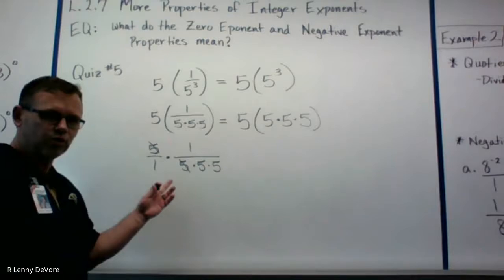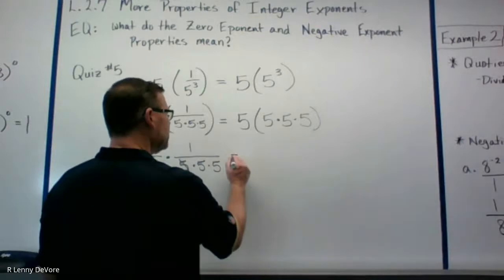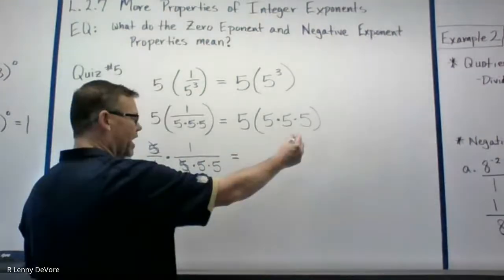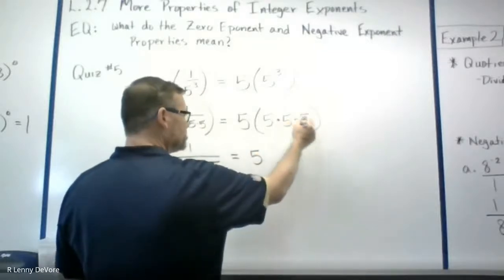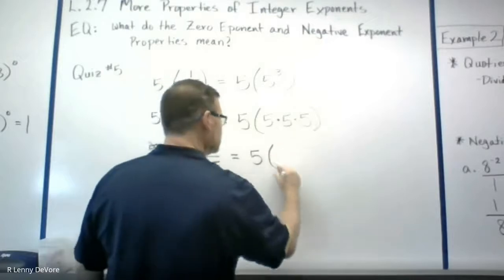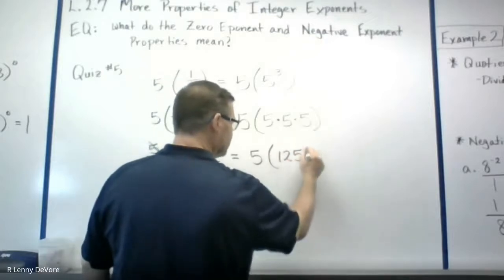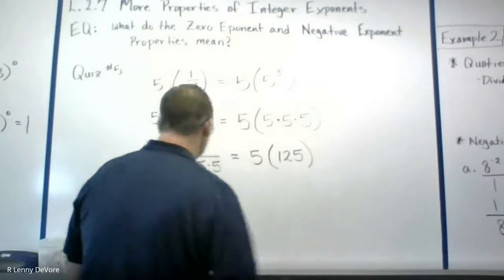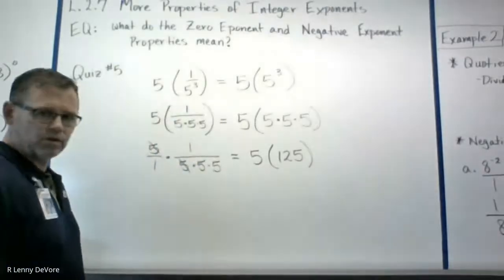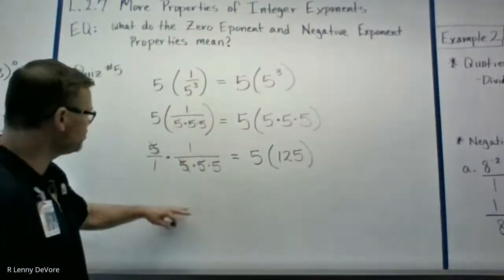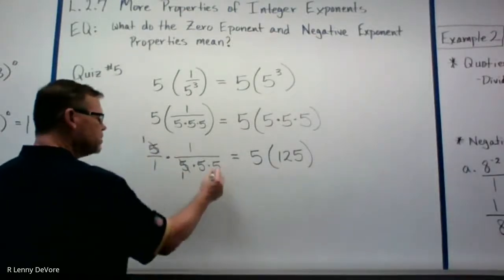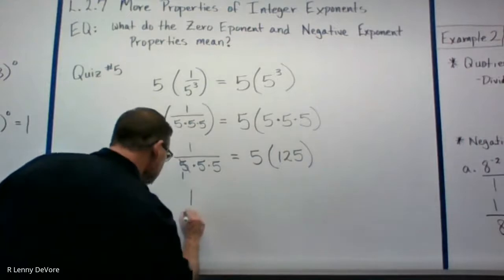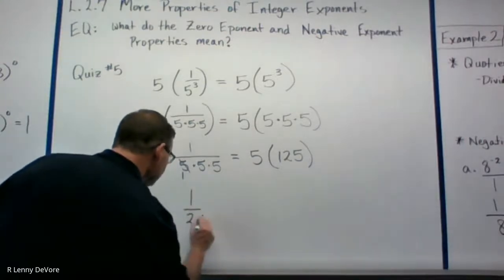Over here, I don't have any fractions, so I'm going to solve what's in the parentheses first. So I still have this 5 out here. This is 5 times 5, which is 25, times 5, which is 125. So we're still solving here, right? So on this side of the equation, we're down to this. This became 1, this became 1. 5 times 5 is 25, so this becomes 1 over 25.